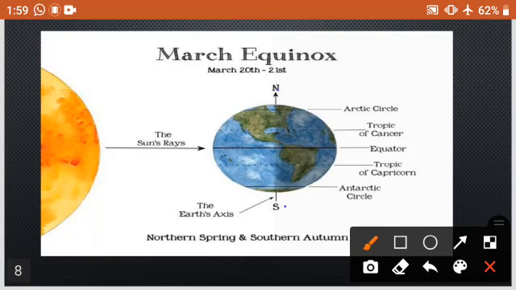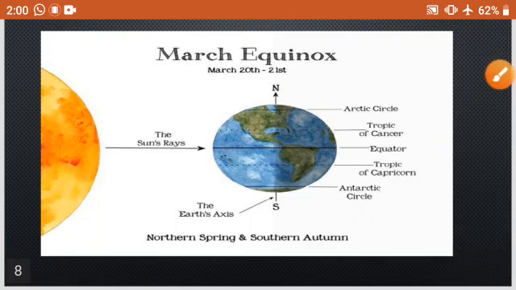So northern spring and southern autumn is observed during the March equinox, and we observe the northern hemisphere in spring and in the southern hemisphere it is autumn. Thus we find that there are days and nights and seasons are changing because of the rotation and the revolution.